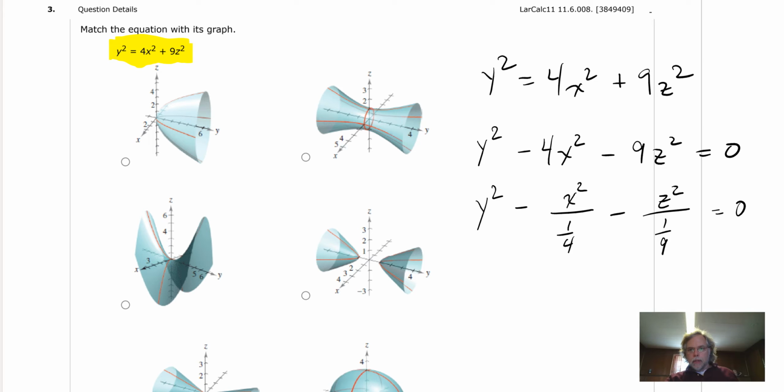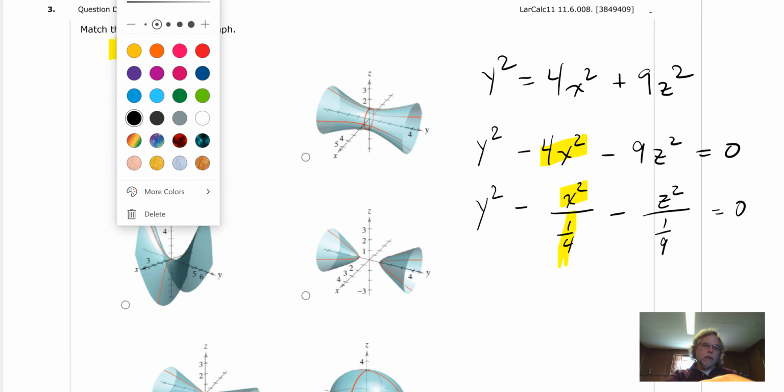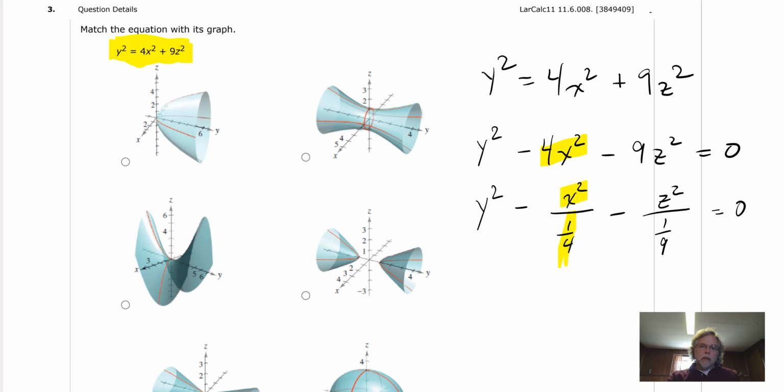We're taking 4x squared and writing it as x squared over 1/4, whereas usually you'd be starting with x squared over 1/4, and then you'd think: keep x squared, change to multiplication, and flip that. So I'd have 4 over 1.